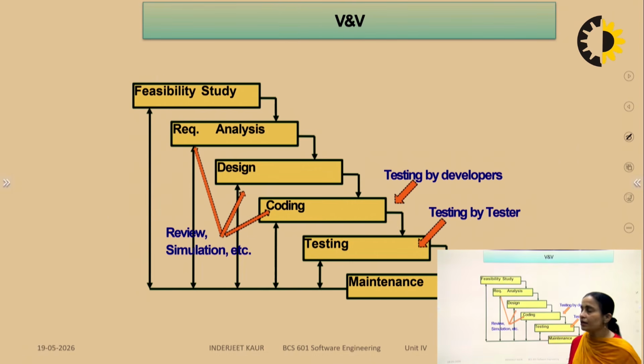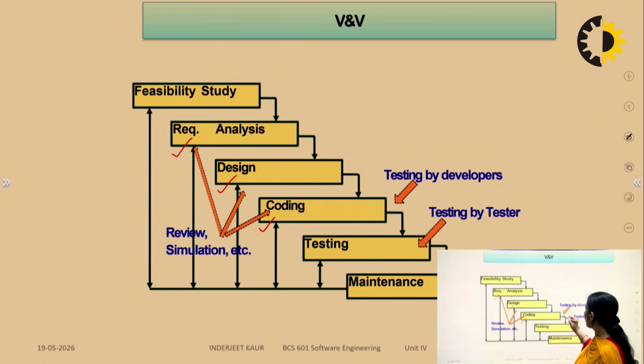This is my validation and verification curve, V and V. Firstly, I have written the feasibility study, then moving on to requirement analysis, then comes the design phase, then coding, then testing, and then maintenance. Here different reviews and different simulations are done at the requirement analysis phase, design phase and coding phase.